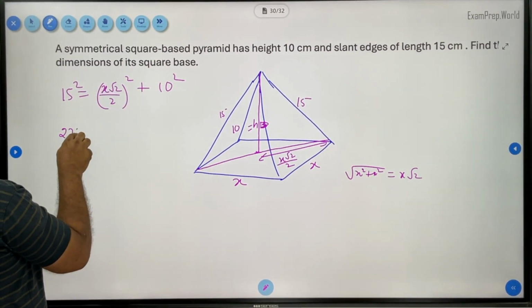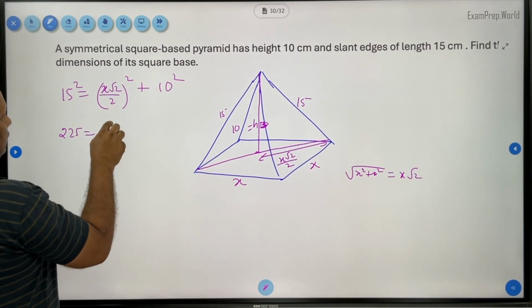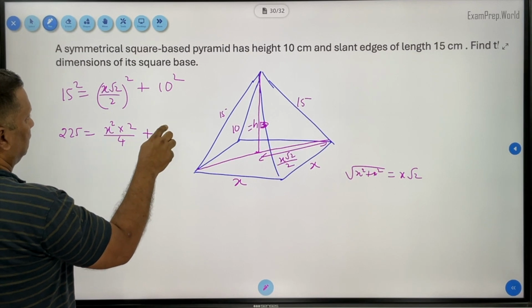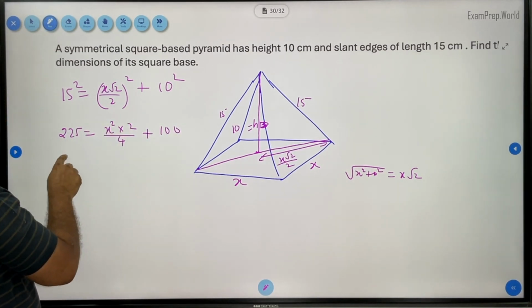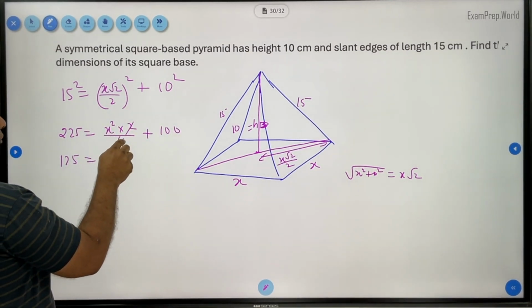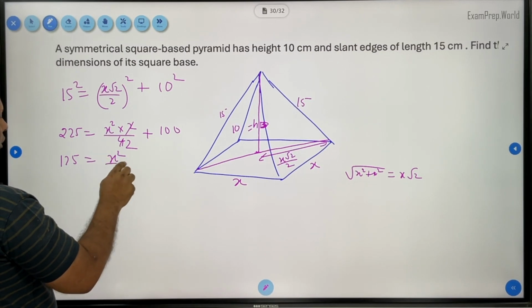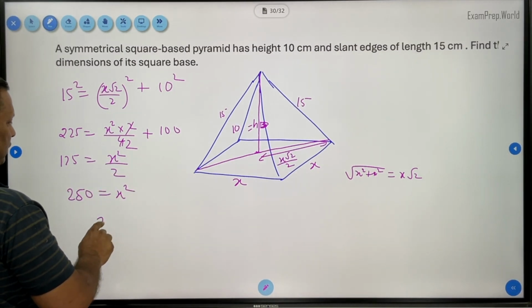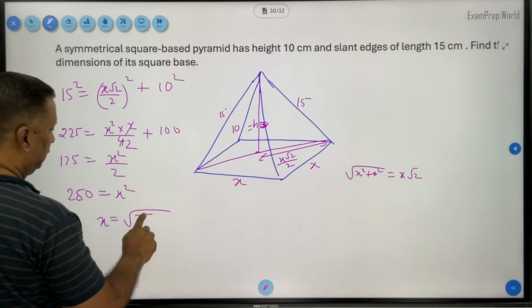This is 225 equals x square into 2 by 4 plus 100. This 100 comes here, it becomes 125. 2 x square by 4 gives x square by 2, so x square equals 250, and x is equal to root of 250.